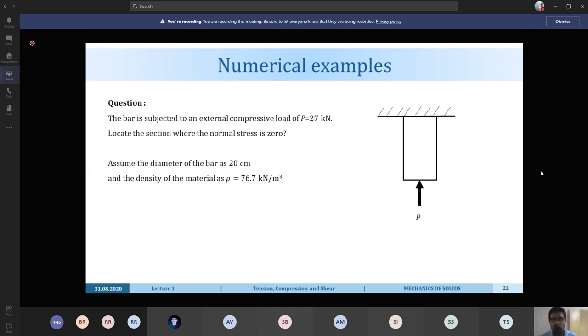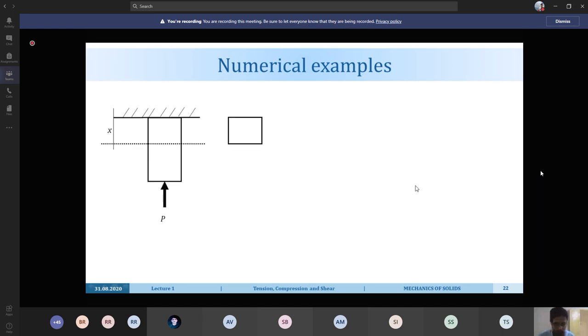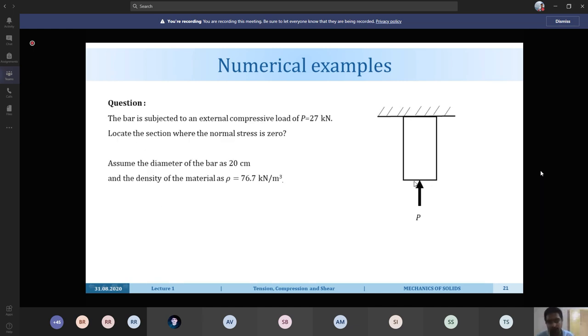Actually, everyone can try using a pen and paper. So we have this bar. It is subjected to a compressive load here, and this bar has a density.